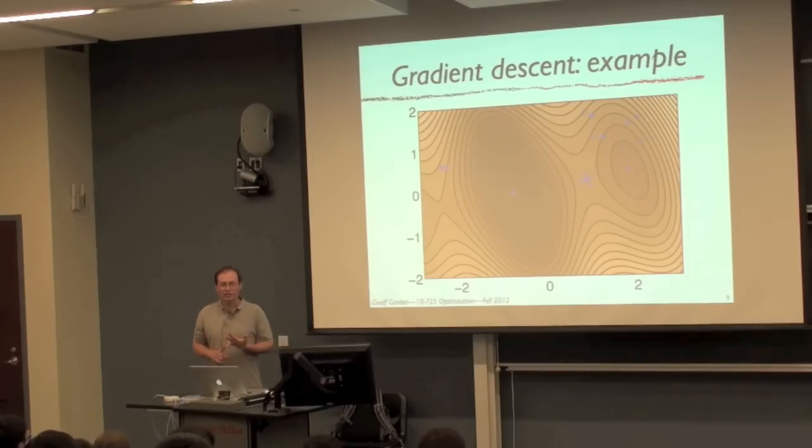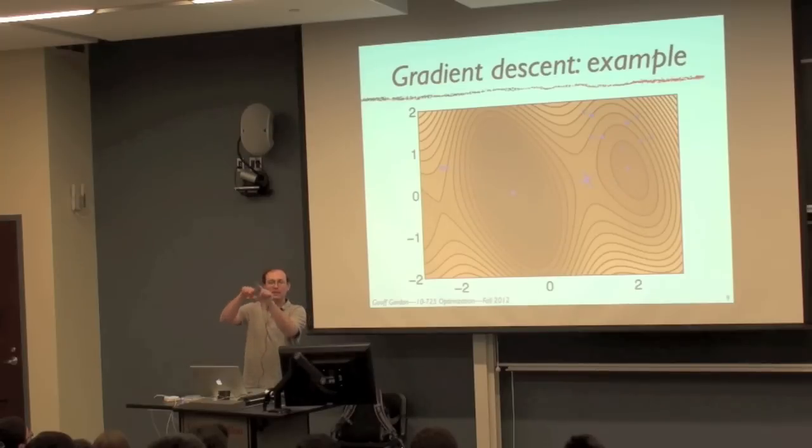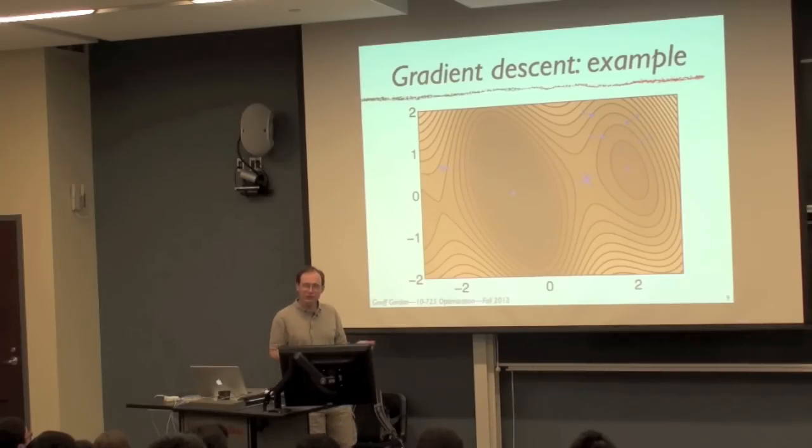The saddle point thing rarely happens. Why? You really have to be really lucky. So here's the saddle point. If I started just a little bit away from it over here, I'd fall into this local optimum. If I started a little bit over here, I'd fall into this global one. And so it's sort of unstable. Think of a marble balancing on top of a hill. If you're really, really good or really, really lucky, you can get it to stay put, but probably it rolls off in one direction or another.